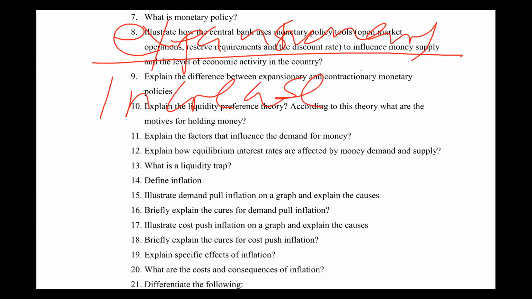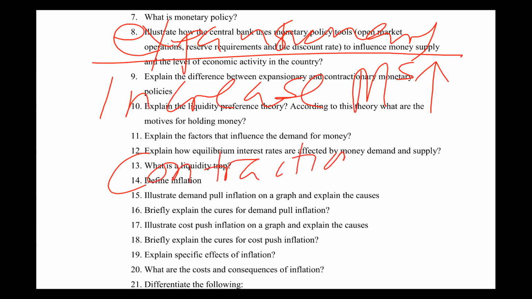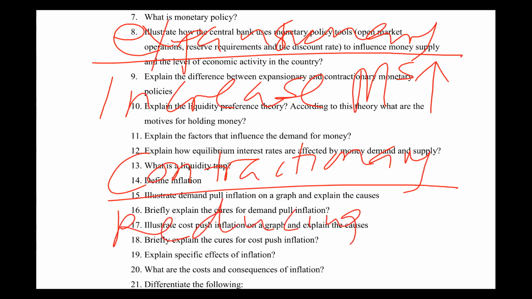That's about it. That's expansion. Then when you embark on the contractionary monetary policy, it means that you are reducing the supply of money. And the other name for the contractionary monetary policy is restrictive monetary policy. Restrictive.